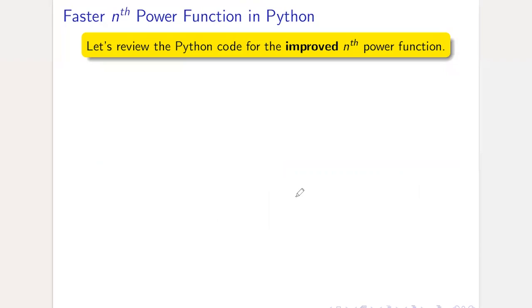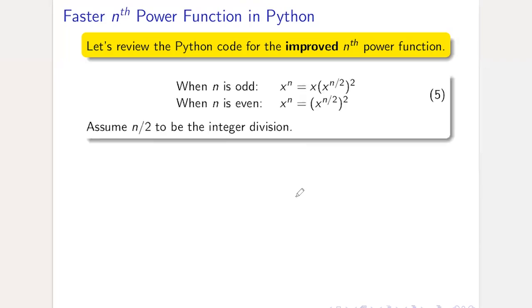If n is an even number, which is divisible by 2, then the computation of n power can be done as a different computation: n by 2, exponentiated by 2, or squaring of that. So here's our equation in this case. This is actually the recursive case, what you can do in the recursive case.